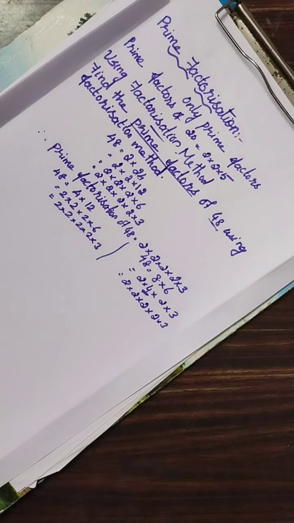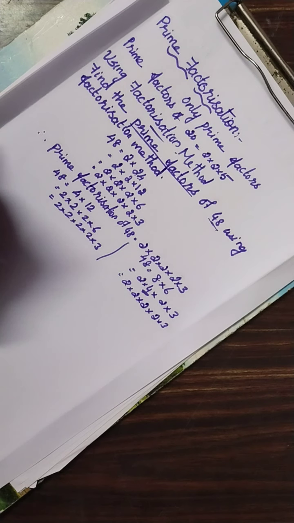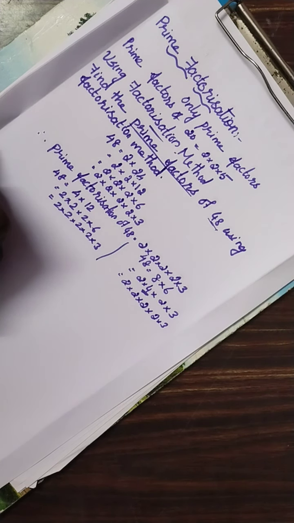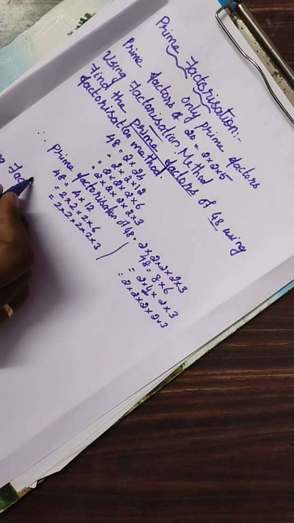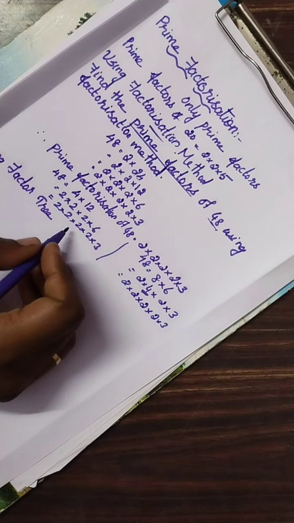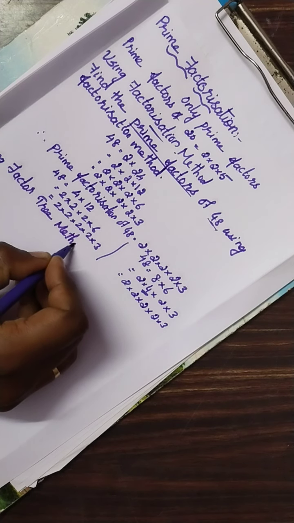Next method: prime factorization using the factor tree method. The first method was the factorization method; the next one uses the factor tree method.